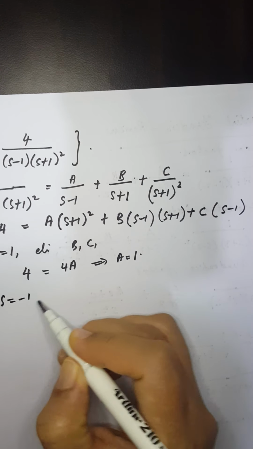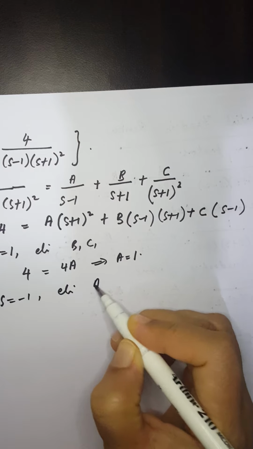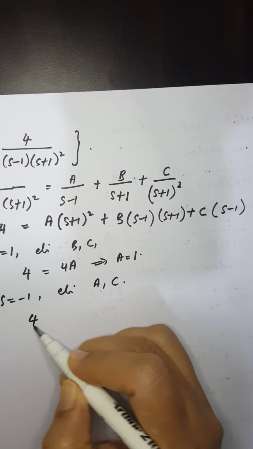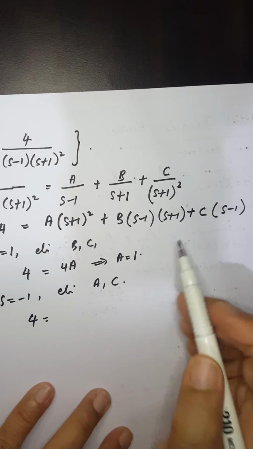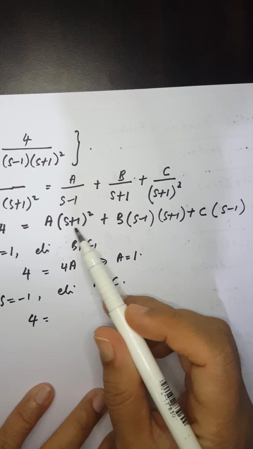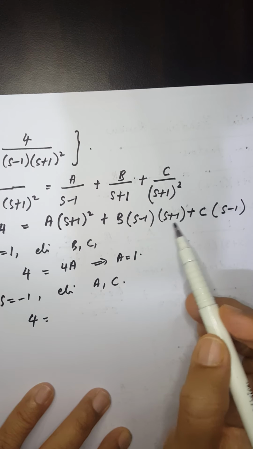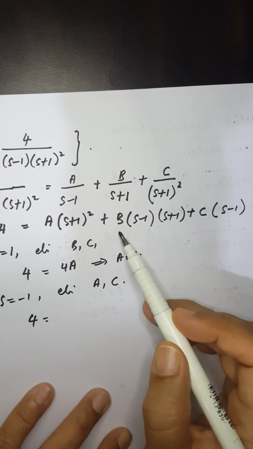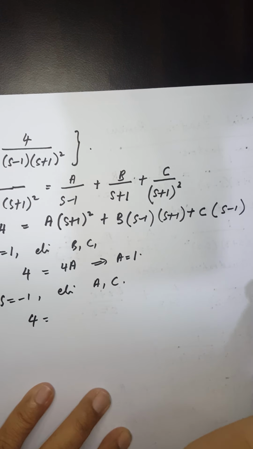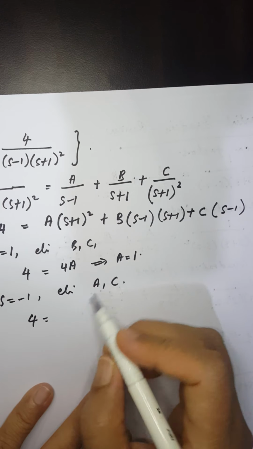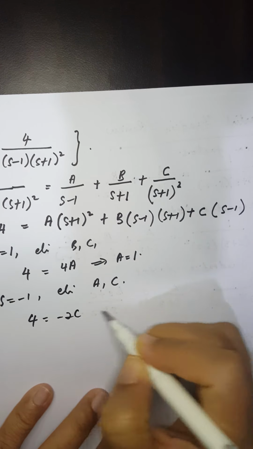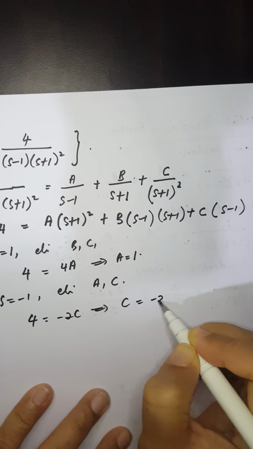So s equals -1, we eliminate A and B. So 4 equals, s equals -1, so 0 here, 0 here, B eliminated and A also eliminated. So we have s minus 1, so -2C, so C equals -2.